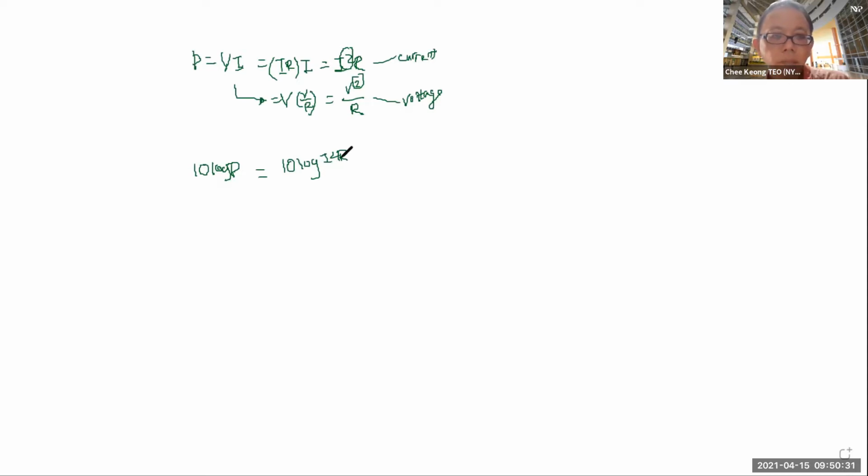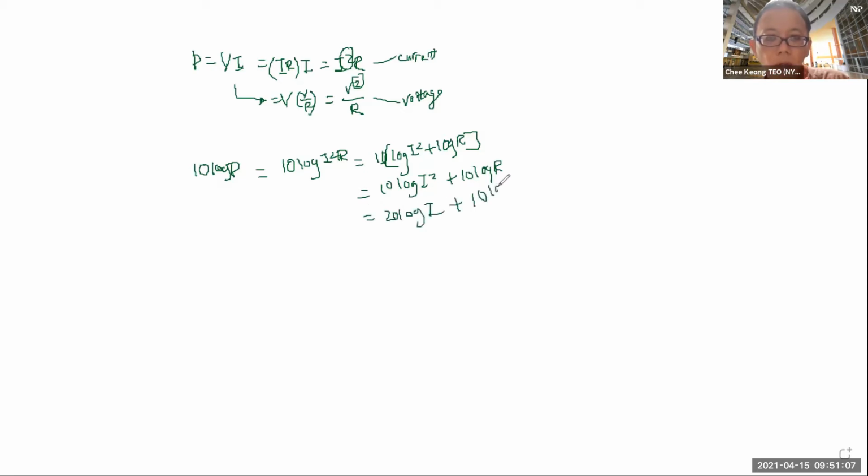Essentially, it is 10 log of I squared plus 10 log of R. So you get 10 log I squared plus 10 log R. What happens when you have a square? It becomes 20 log I plus 10 log R.